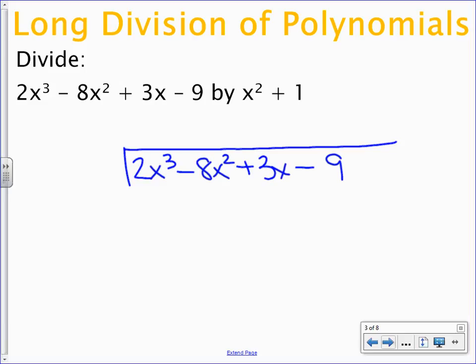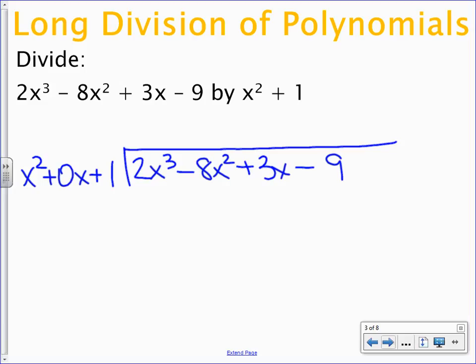It's okay that it's like this, but typically we see an x term. And what did I tell you about missing terms? Put a 0. I would suggest doing that for your divisor as well. It'll help with the organization, just for the dividing process, not for the end result.